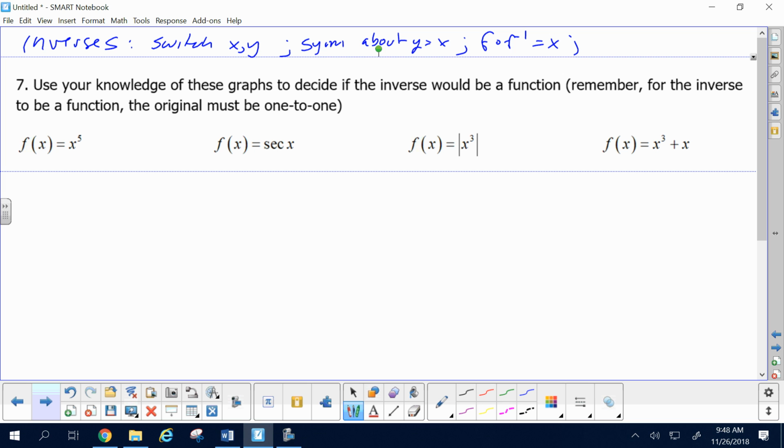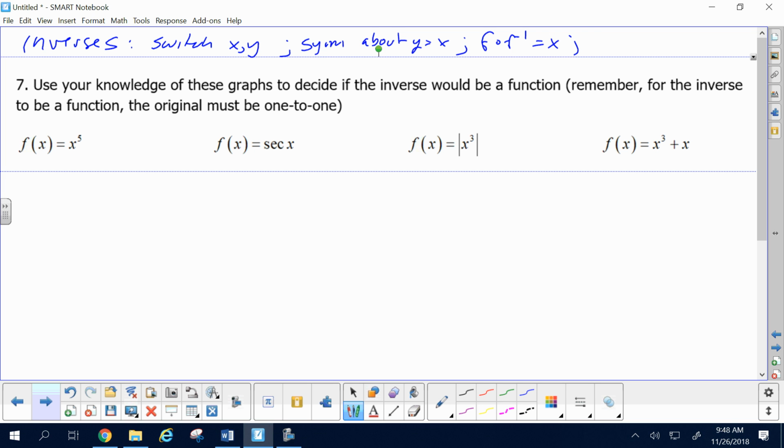Instead of a vertically opening parabola, it's a horizontally opening parabola. Okay? Now I think you'll agree that this inverse is not a function, and that's because the inverse fails the vertical line test. The inverse fails the vertical line test.